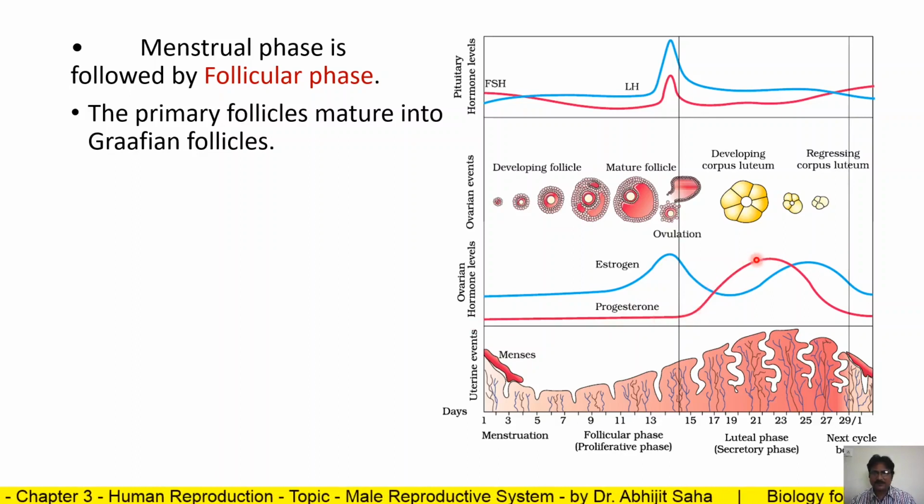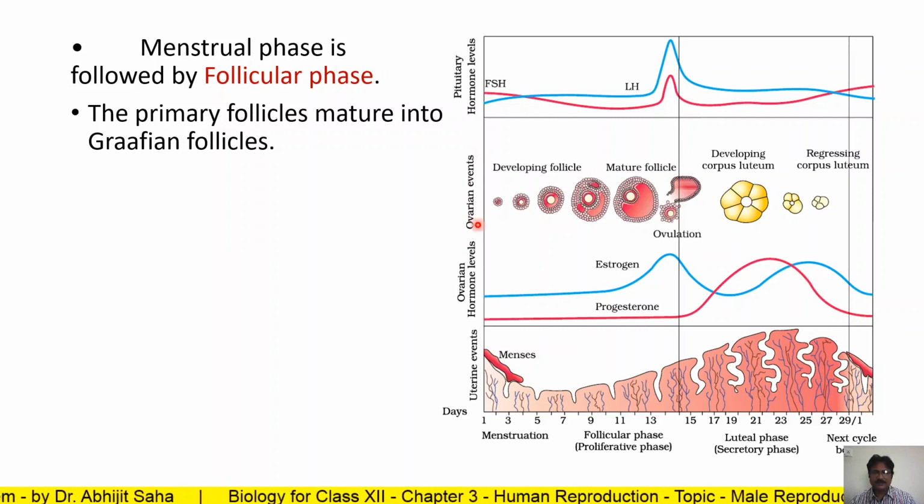Why does progesterone increase? It has relation with the corpus luteum. It increases in anticipation of pregnancy. But after 21 days, when there is no pregnancy, its requirement is no more, and the level starts decreasing. You can see here.